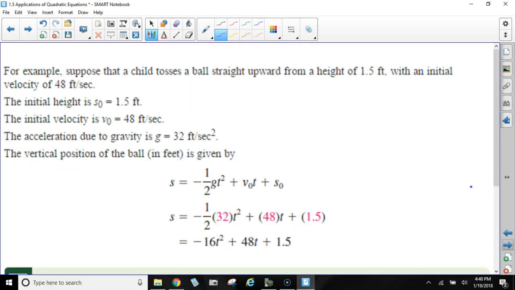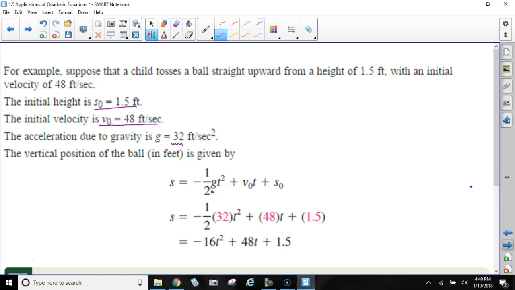On our notes, we have an example that says a child tosses a ball straight upward from a height of 1.5 feet with an initial velocity of 48 feet per second. So the initial height is 1.5 feet. The initial velocity is 48 feet per second. Since we're dealing with feet, we're going to use 32 as our gravitational constant.